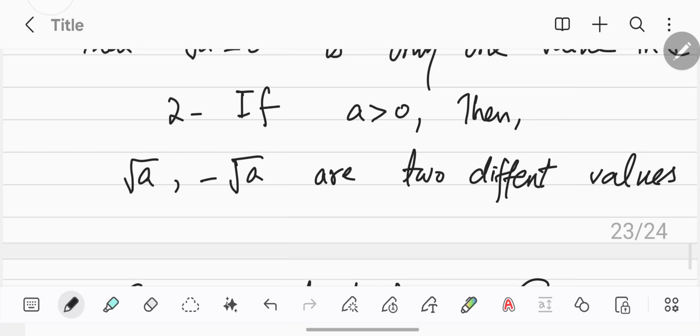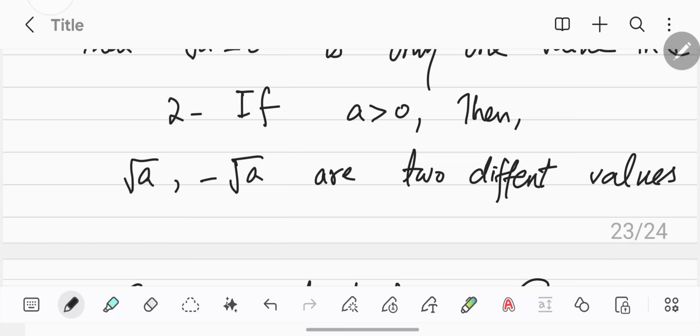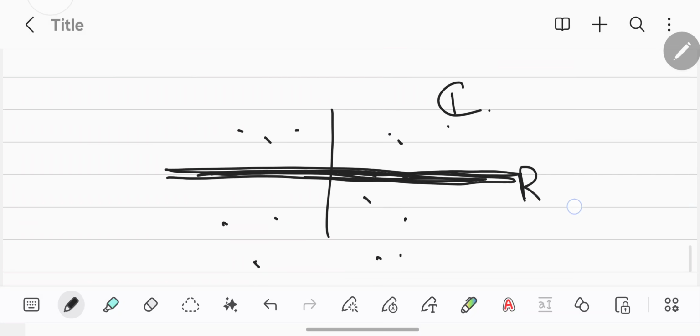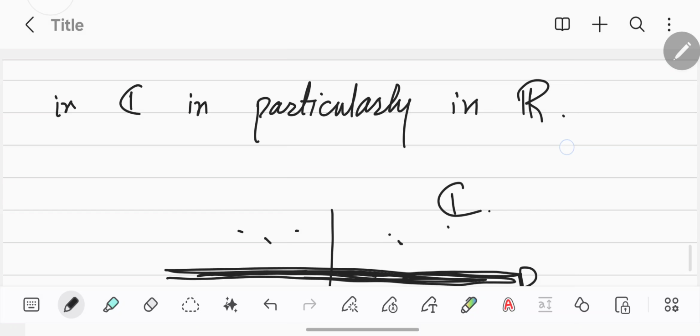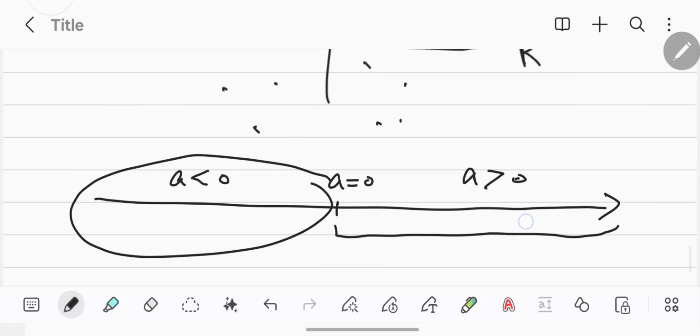So in the second case, we have a bigger than 0. Then there are two different square roots. One is square root of a, the other one is negative square root of a, which are two different values in C, but in C we have a real line also. They must lie in R. If we talk about case 3, we have a less than 0.